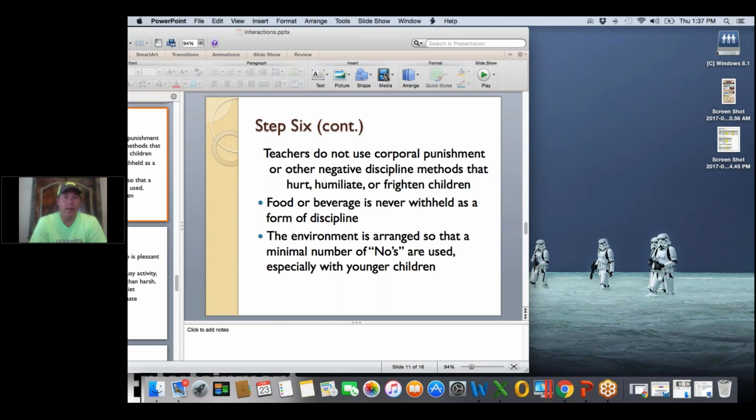And all day long, every time you say the word no, I want you to put a little tick mark. And you've got to be honest, you've got to be truthful. Every time you say the word no, there's a tick mark. No running, tick mark. No hitting, there's a tick mark. No, we're not going outside, there's a tick mark. All right? And I think that you're going to be appalled at the end of the day when you add up the number of times you say no.